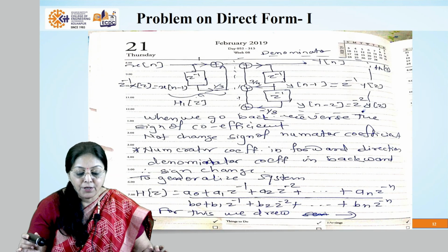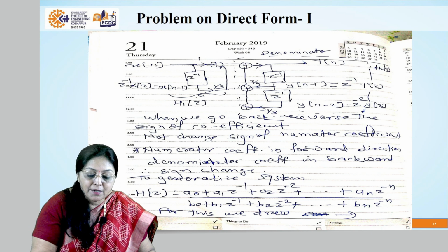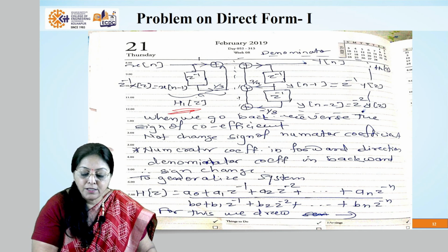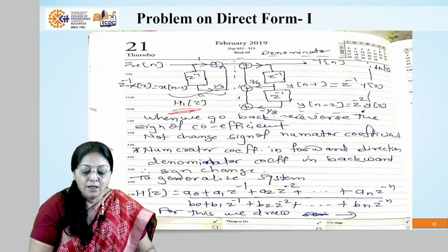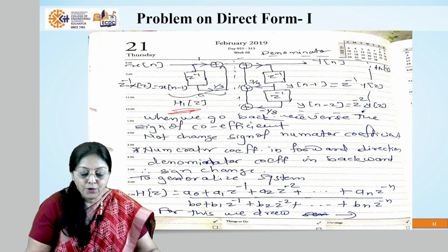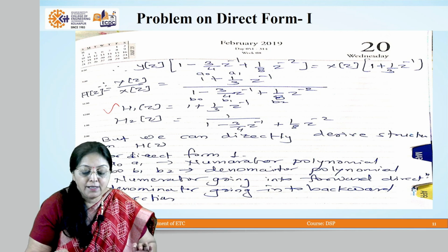Okay, then we are going to realize. So how to realize this one? This is the part of H1(z). It is mentioned here. This is the H1(z), and this whole part is H2(z). Observe this, in the H1(z) only the numerator part is there. When you observe this equation, it is a very simple 1 plus 1 upon 3 z minus 1 that you want to realize.